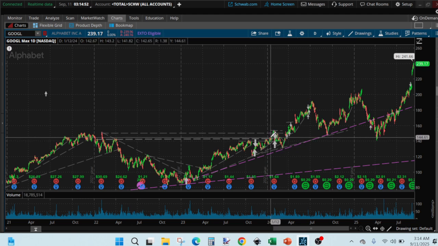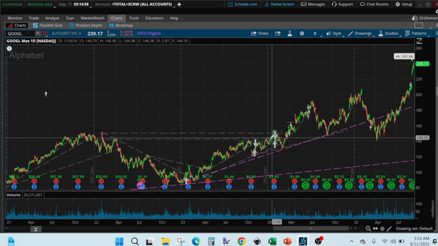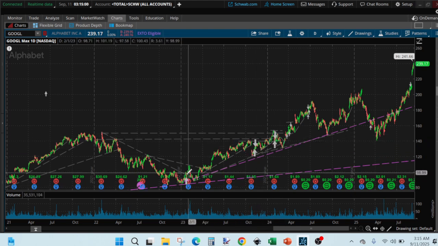I would say we sold it around December or so, but somewhere here. And that was when I was learning swing trading. But before that, I was using a 52 weeks low and 52 weeks high strategy.